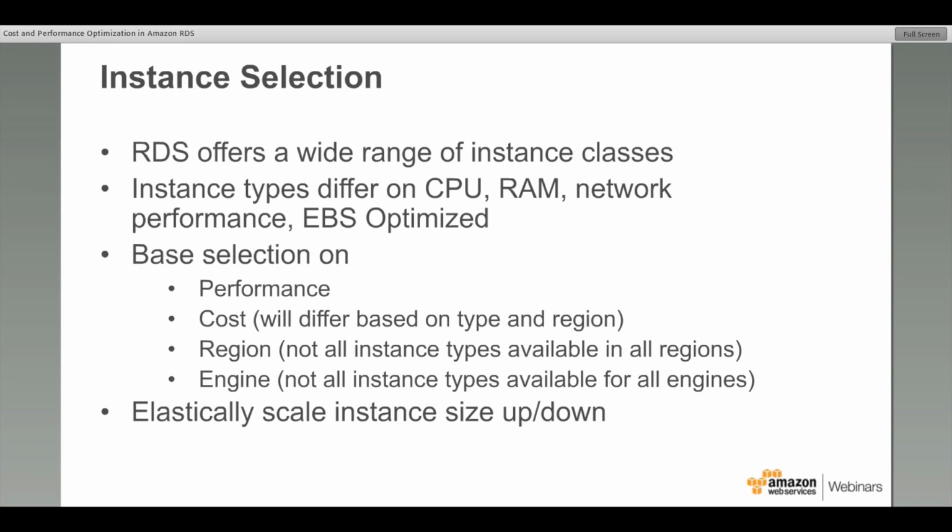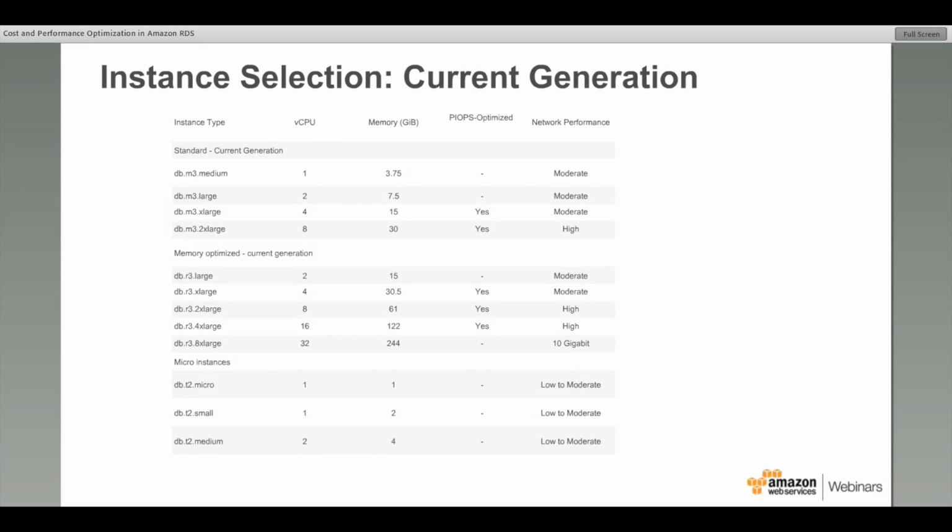So here's a slide that I just wanted to provide a quick overview. It's on our web page as well. Hopefully the type and font is not too small, but I just wanted to give you a sense of the current generation for instances and the number of compute and memory, whether or not it's optimized for provisioned IOPS or network performance.